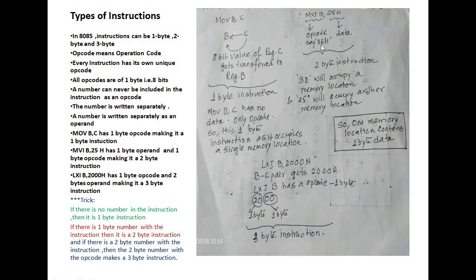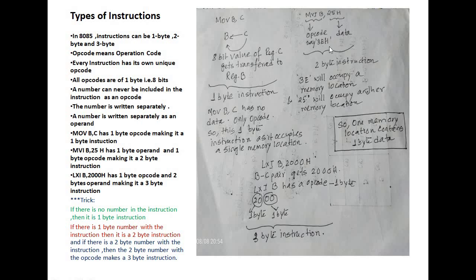Now this 3E is 1 byte. You are writing MVI B. How does it get stored in the memory? It gets stored in the memory in the form of zeros and ones, that is 3E. If you convert it into binary, it will be 0011 and E is 1110. So this opcode will occupy how many memory locations?